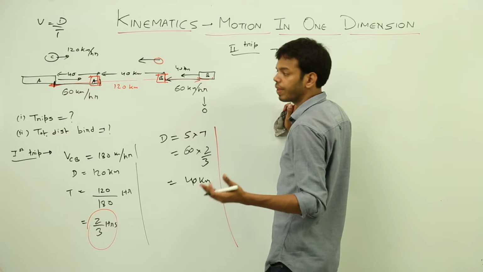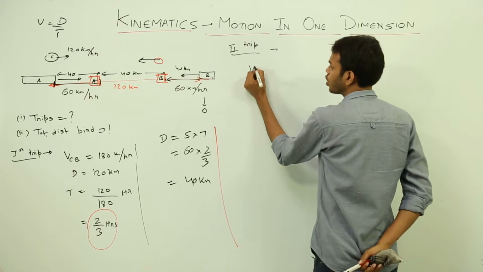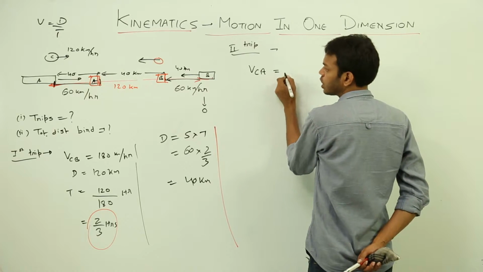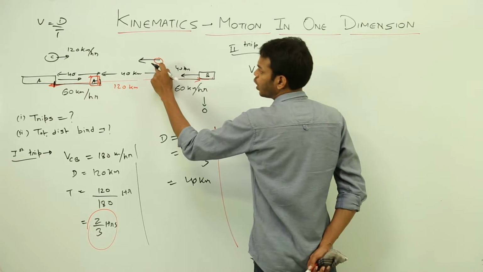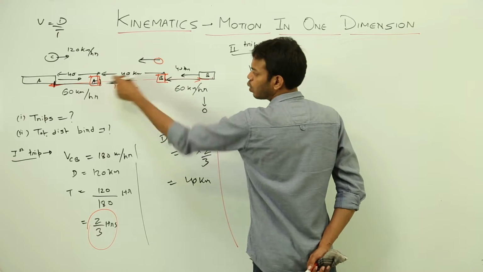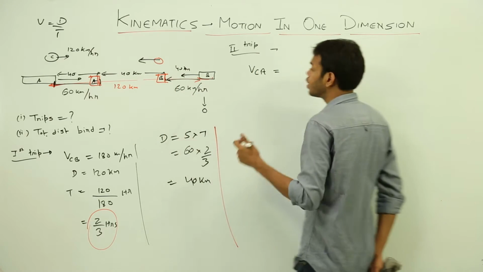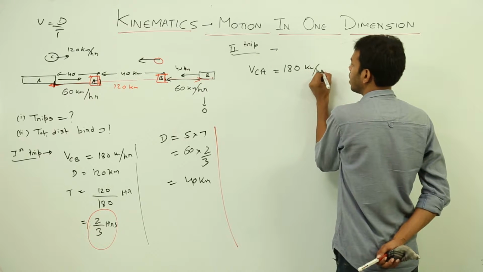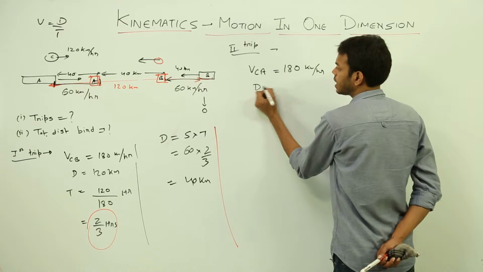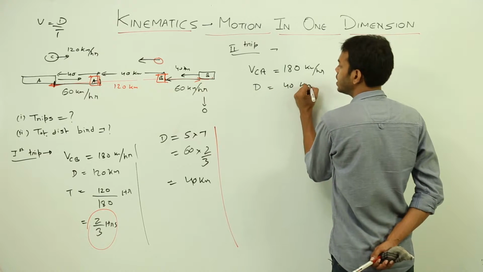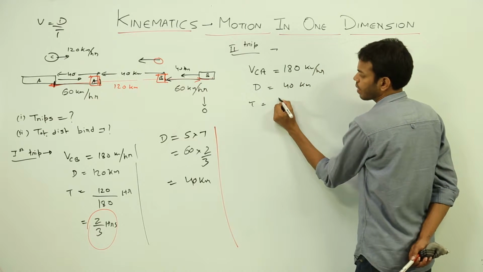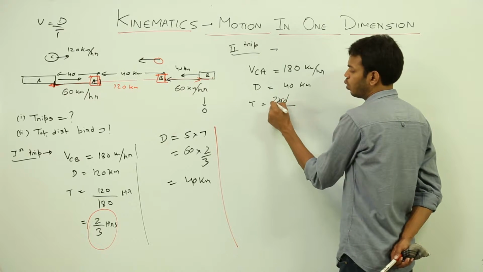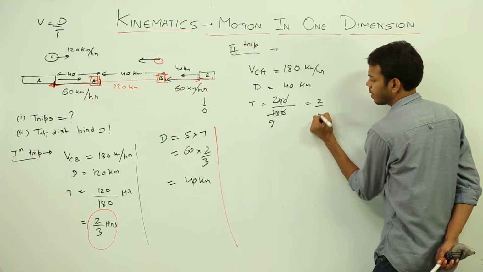If I put the velocity of bird C with respect to train A, the velocity will come out to be what? It is going back again with 120, A is coming towards it with speed of 60. So 120 plus 60 gives you 180 km per hour again. Velocity is this, the distance to be covered is 40 kilometers. That means time would be 40 over 180. This will give you 2 over 9 hours.